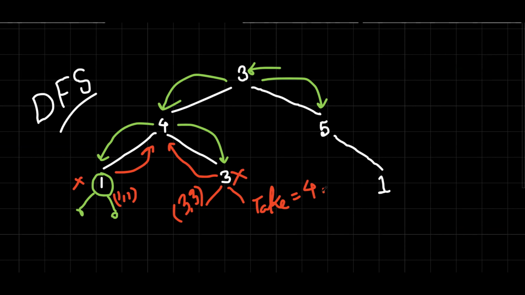And similarly, for the next condition, if I do not take root 4, the value will be returned from 1 and 3. So here the value will be 1 plus 3. So for root 4, the value will be the maximum of 4 and 4, which is 4.